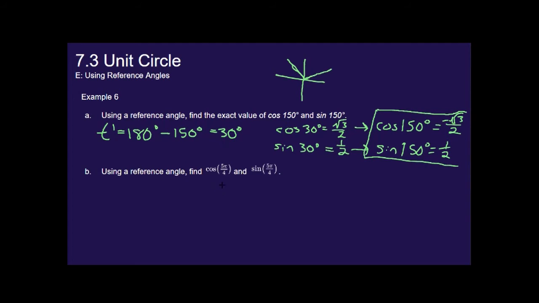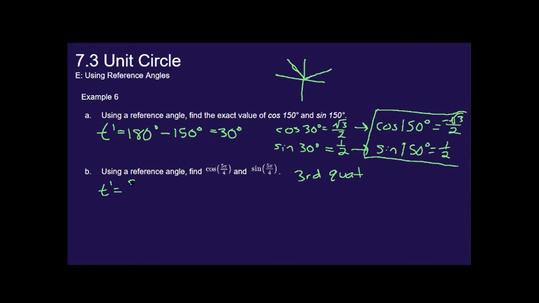Now we're going to do the same thing working in radians. So we have, using a reference angle, find the cosine of 5 pi over 4 and the sine of 5 pi over 4. So the first thing we need to do is find out what our reference angle is. So our reference angle t prime is equal to, we're working in the third quadrant here, third quadrant because it's just slightly larger than pi.